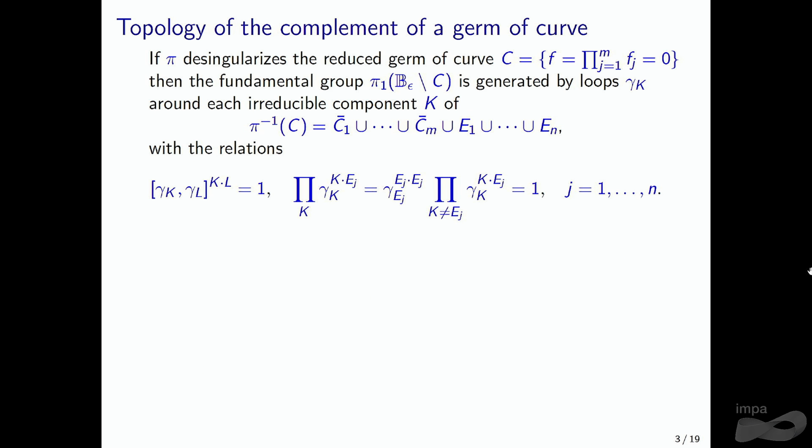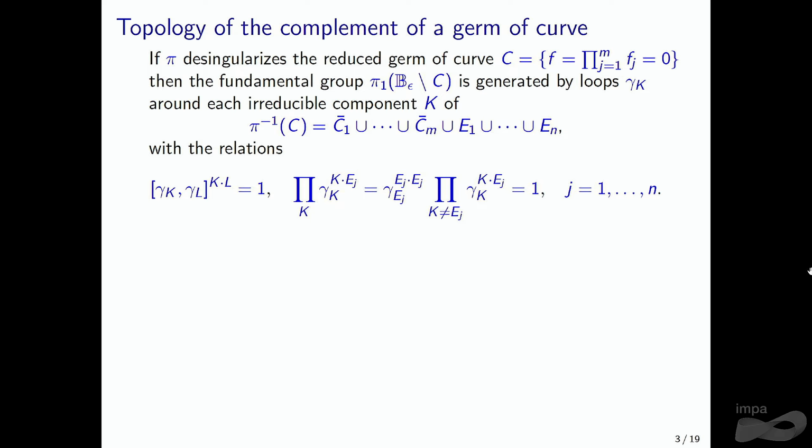There is a relationship between the proximity matrix, the intersection matrix and the topology of the complement of a germ of curve. It is the following. We consider a reduced equation of a curve, and then the fundamental group of its complement is generated by loops gamma k along each irreducible component of the total transform of the curve, with some relations.